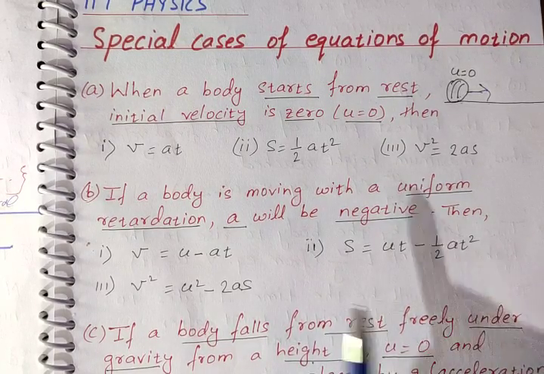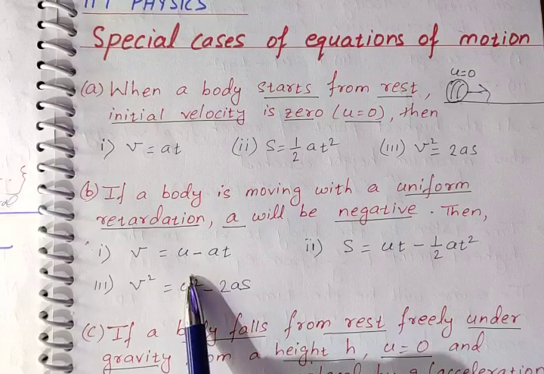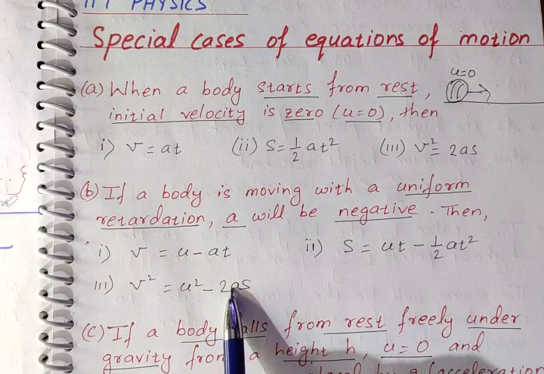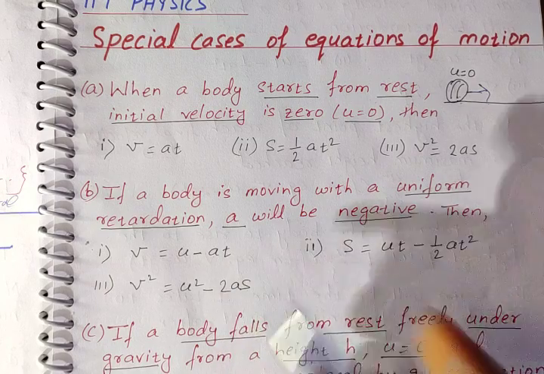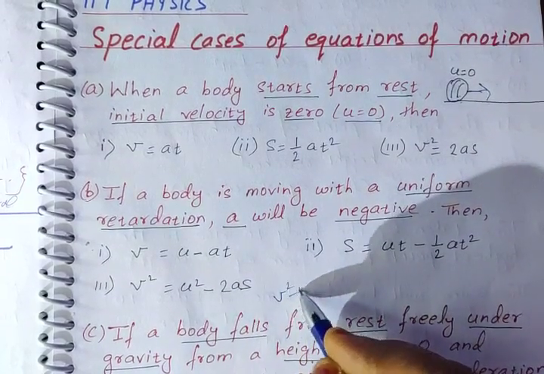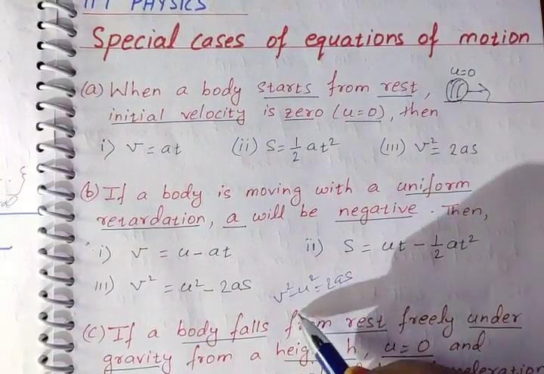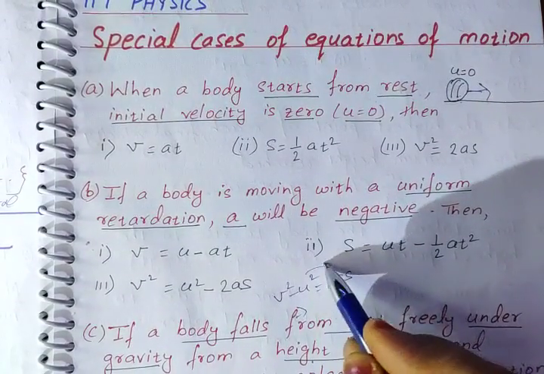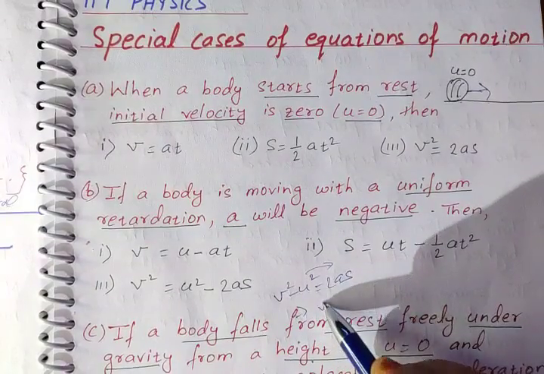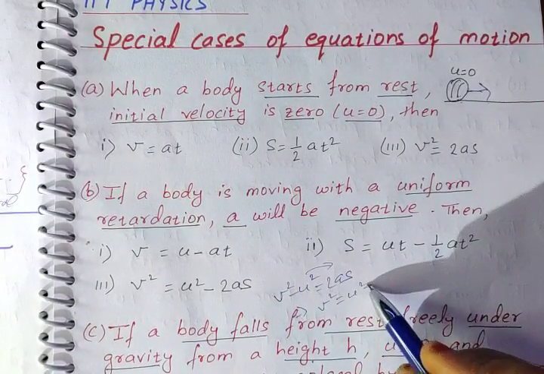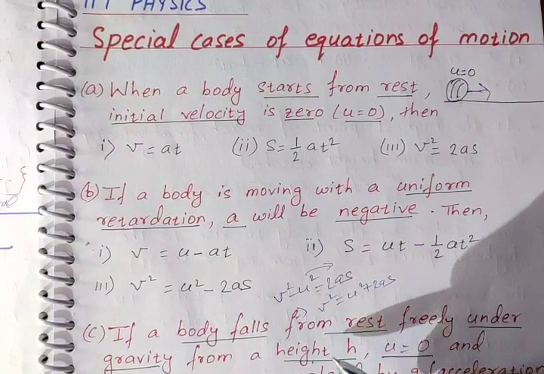Now the third one, v square minus u square is equal to 2as. When you shift u square to that side, v square is equal to u square plus 2as.